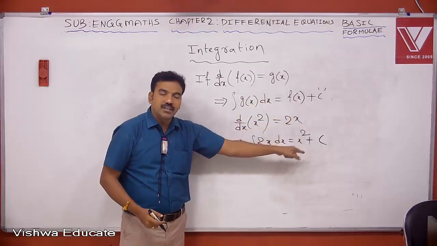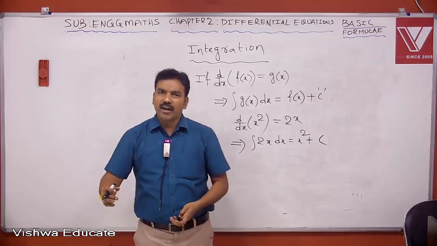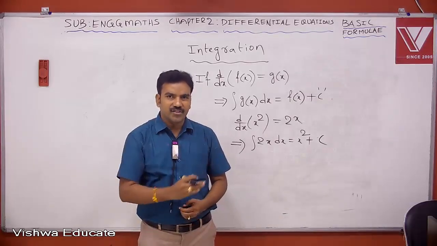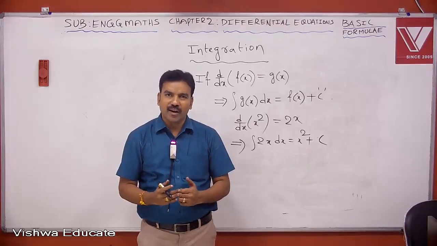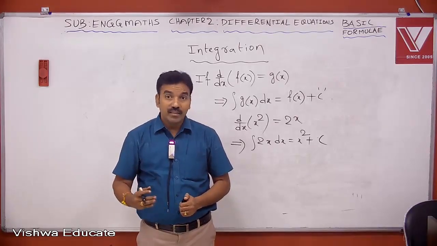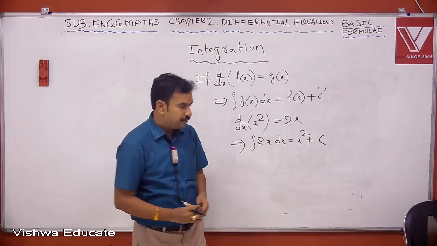This c is a general constant. But in this session, when we write formulae, let us not maintain the formality of writing c. We can write direct formulae without writing c. But during solving GATE questions or IES questions, we need to write it definitely. That depends on the order of an equation.